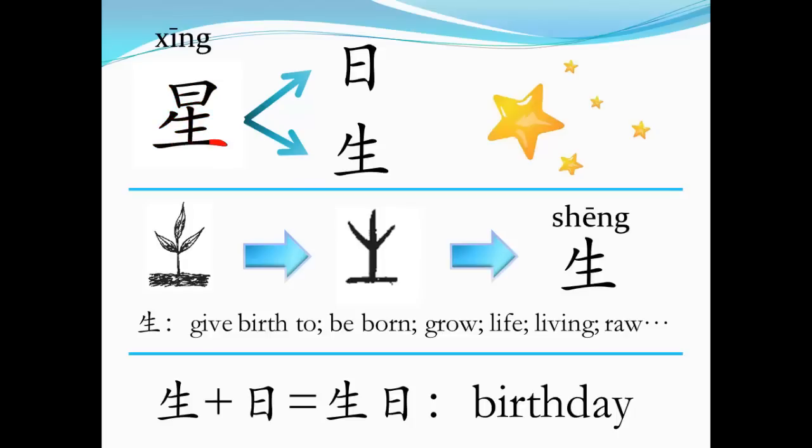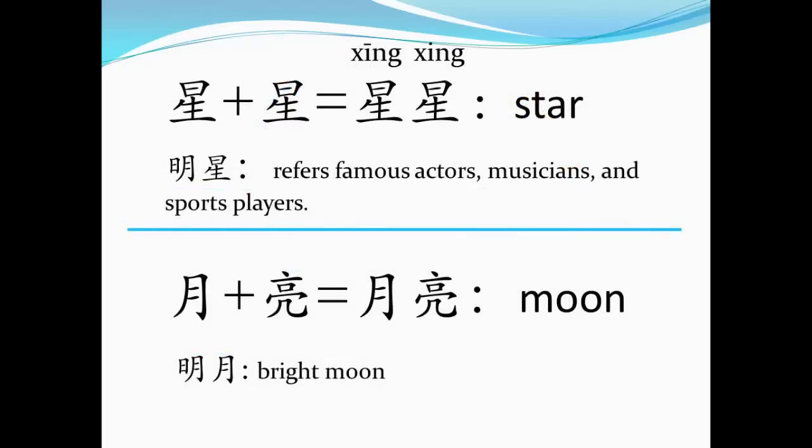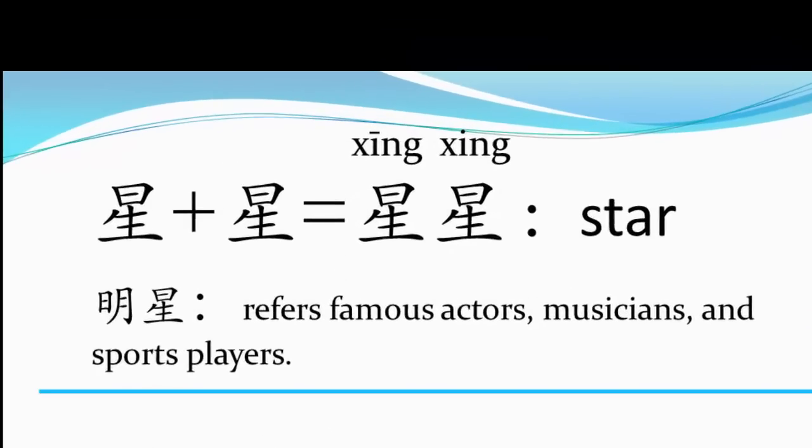We already learned 日, 月, and 明. They are all characters, so we can't use them alone to represent a meaning. When we want to say star, we have to make a word. Here is a word for star, 星星, 星星. This word uses two of the same character to represent the same meaning as the character.